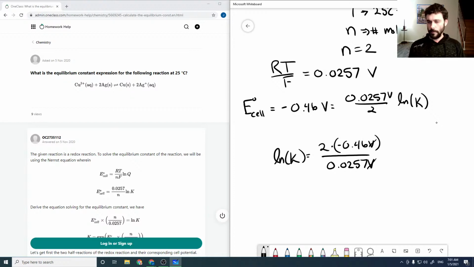So the volts cancel, which is good because we want this to be unitless.